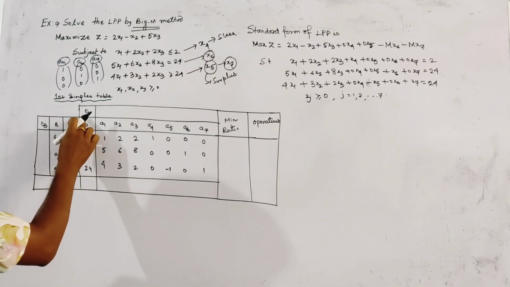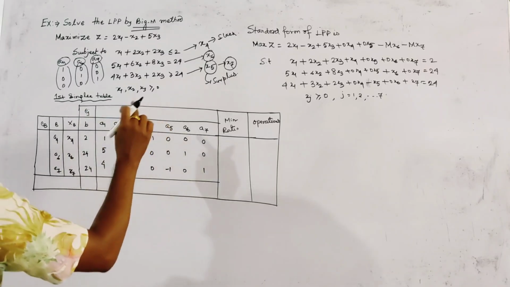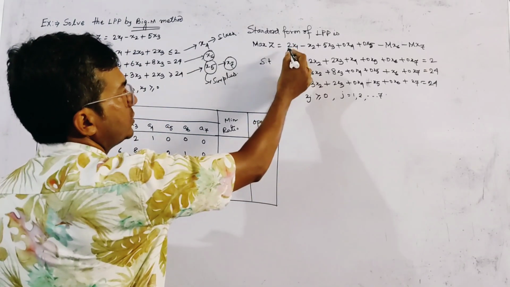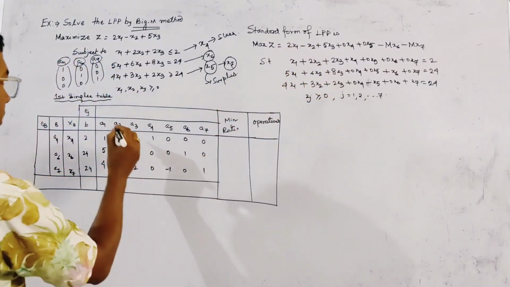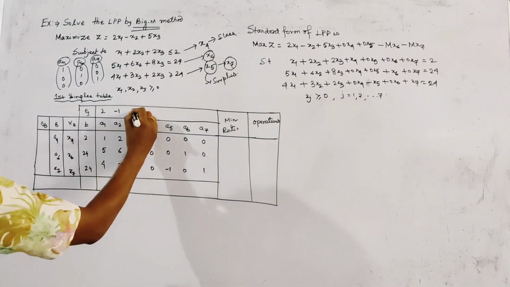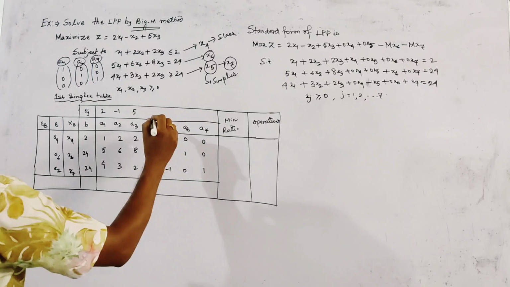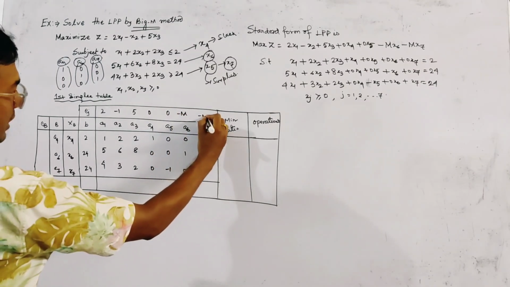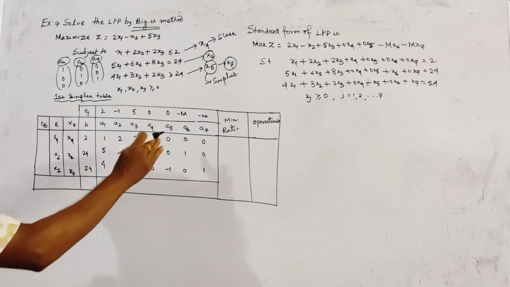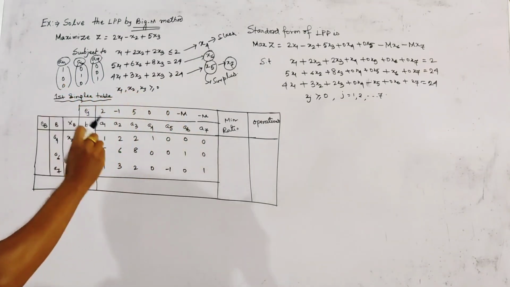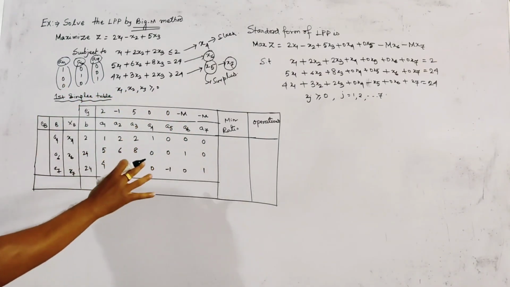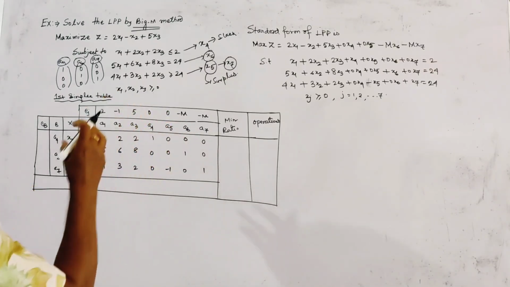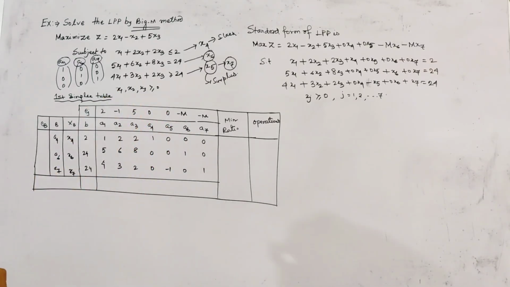Now we write the Cj, that is the cost vector, given by the coefficients of the objective function: 2, minus 1, 5, then 0, 0, minus M, minus M. We already said M is a very large positive number, that is, minus M is a very small negative number.